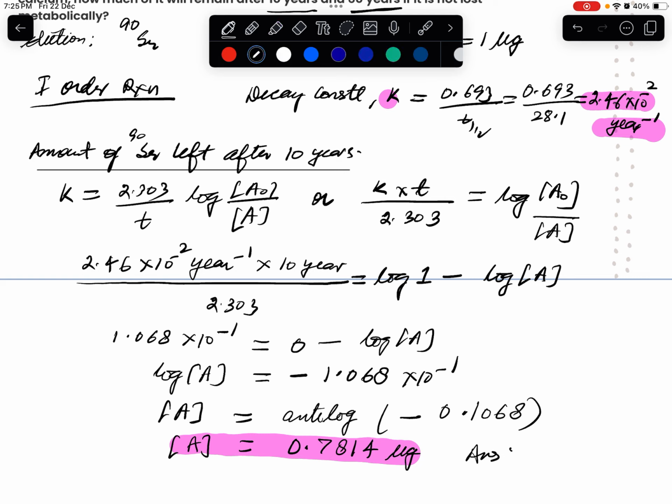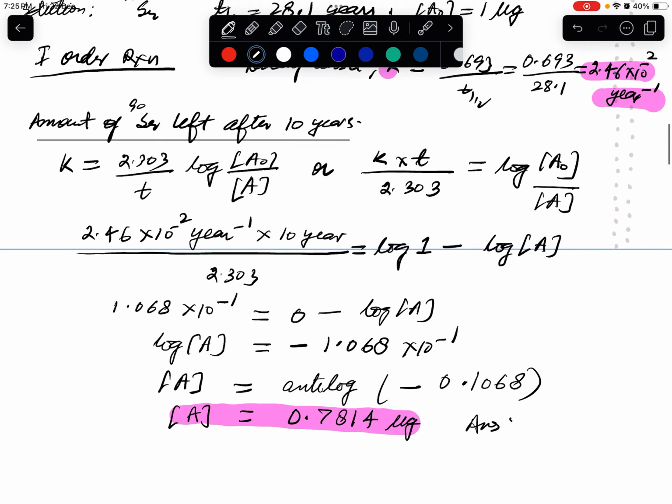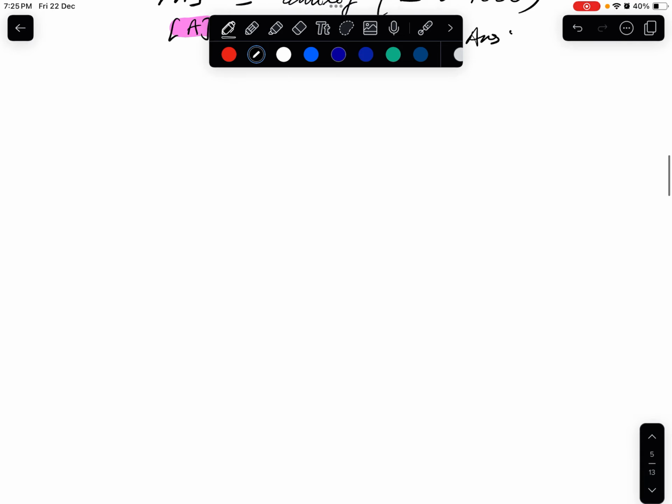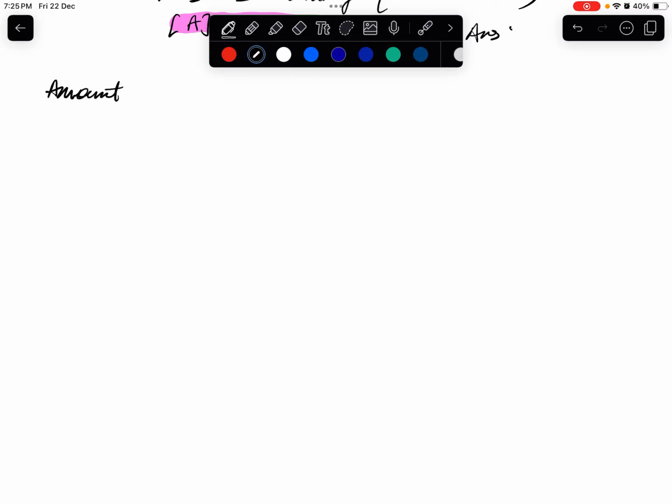Okay, now come to the second part. We have to calculate in the same manner for 60 years also. So the amount left after 60 years.